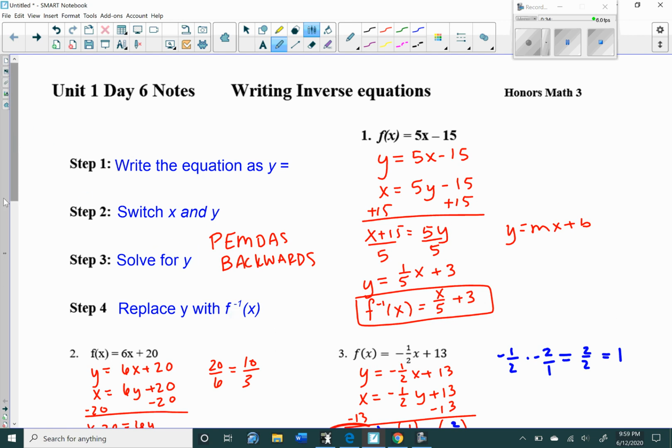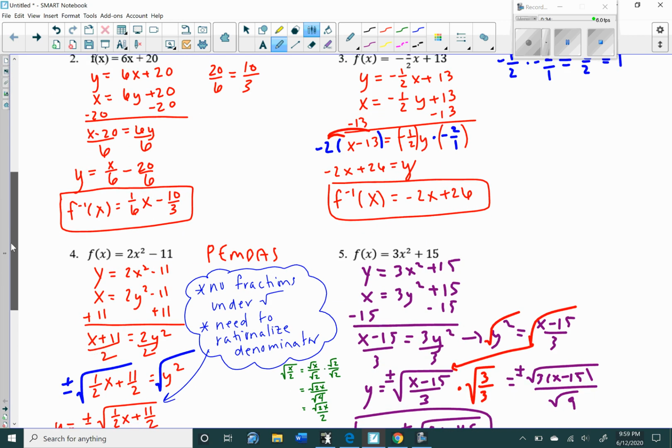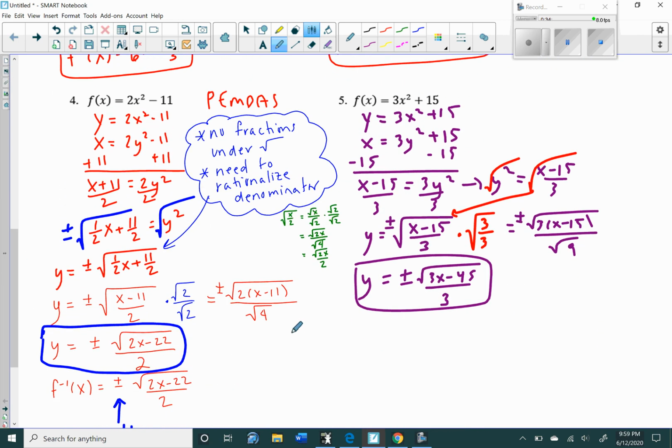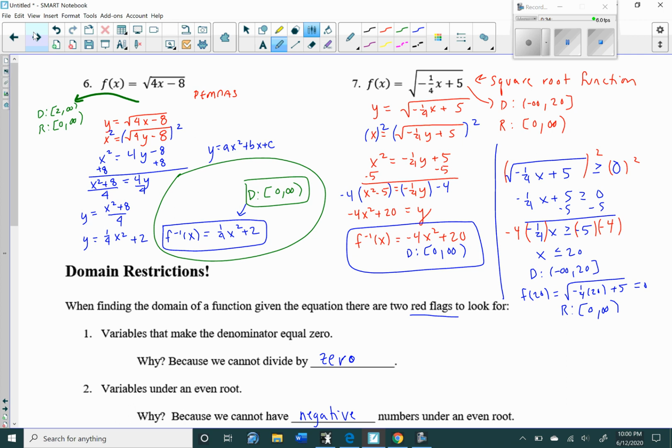The only problem we have is when we work with quadratics, where the inverse is not a function. We're just going to leave it as y equals, and we'll talk about restricting those domain values at a later date. And then coming to here, we had to be careful because when we're working with square root functions, if we don't have the plus or minus in front, we only have half the parabola. So we need to find the domain and range to restrict our domain values for these inverse functions as well.